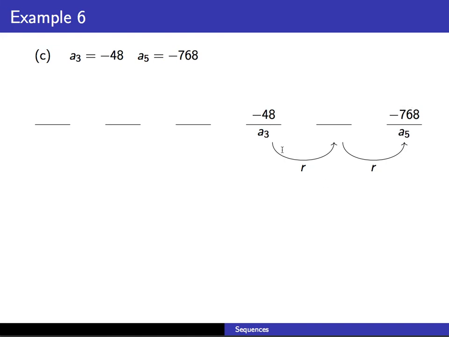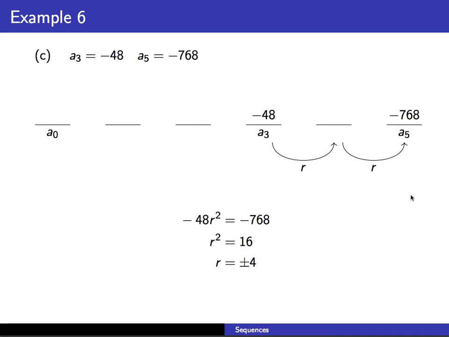So negative 48 times r squared equals negative 768. Divide both sides by negative 48, we get r squared is 16, which makes r equal to plus or minus 4. In regards to that, either one of these actually, for the value of r, is legit as an actual ratio here.